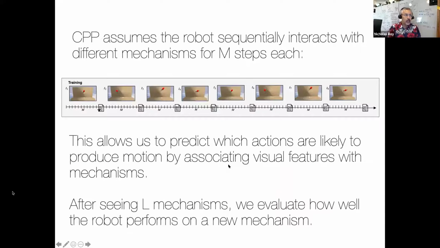And so our neural network assumes the robot sequentially interacts with the different mechanisms for m steps each, and this allows us to predict which actions are likely to produce motion by associating visual features with the mechanisms.